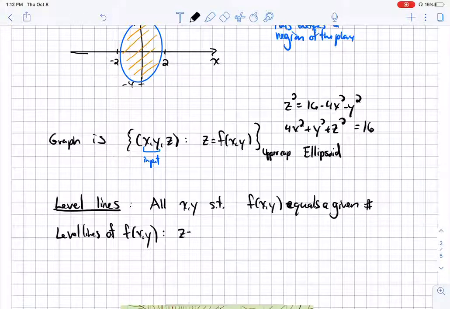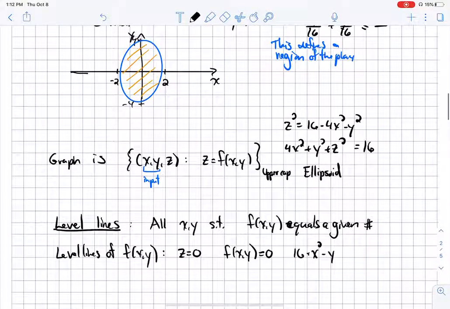So for example, z equals 0. So what x, y gives you a value 0, in that case would be, so all the x, y such that f(x, y) is equal to 0. And so if you look at it, what you're going to get, it's the square root of 16 minus 4x squared minus y squared equals 0. So you're also going to get an ellipse.